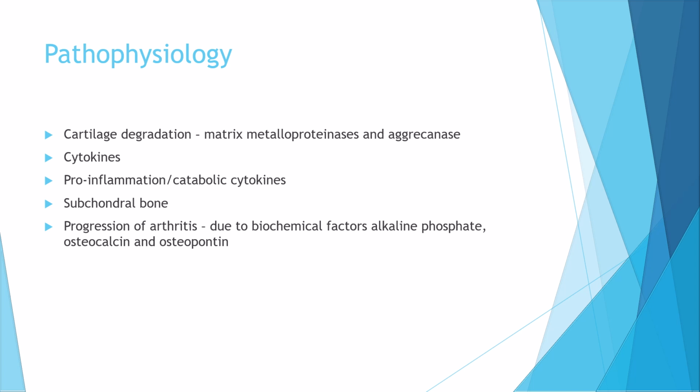During the progression of arthritis, the subchondral bone turnover is 20 times higher than normal bone formation, due to biomechanical factors such as alkaline phosphatase, osteocalcin, and osteopontin. The enhanced anabolic activity of subchondral bone osteoclasts can be seen by the formation of osteophytes.